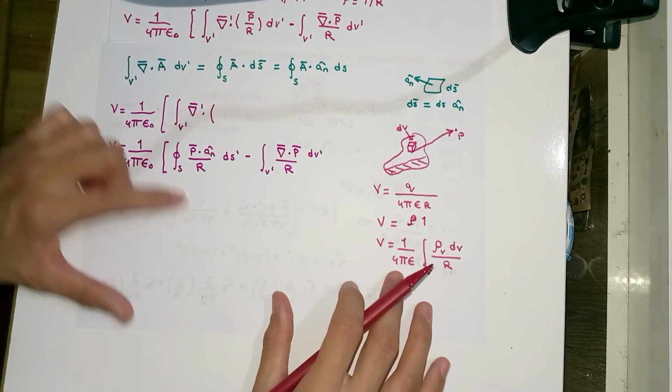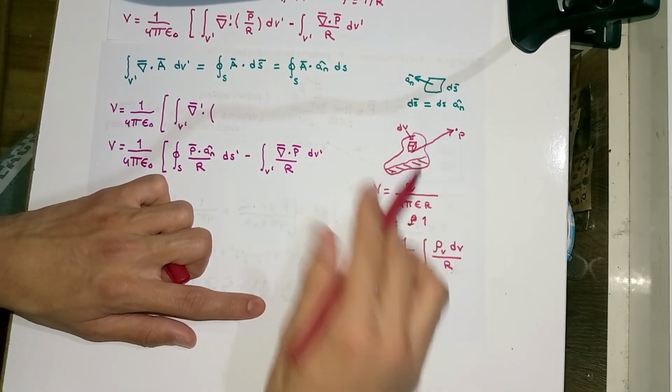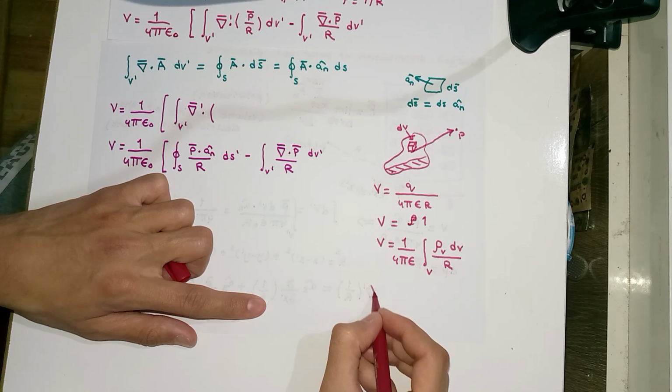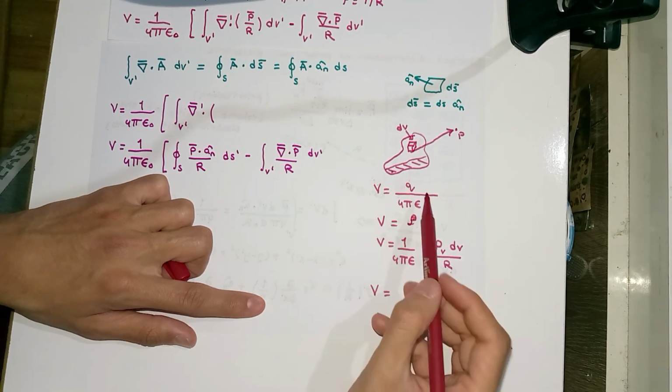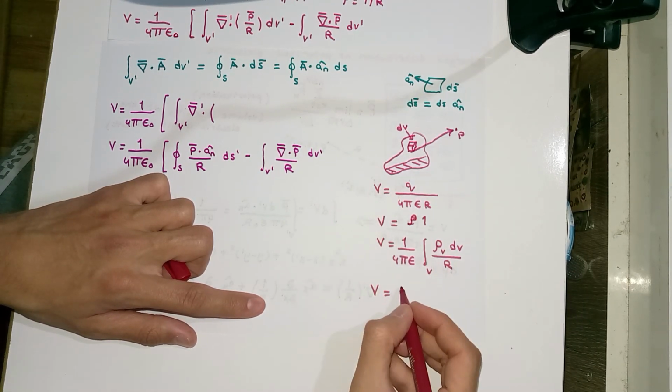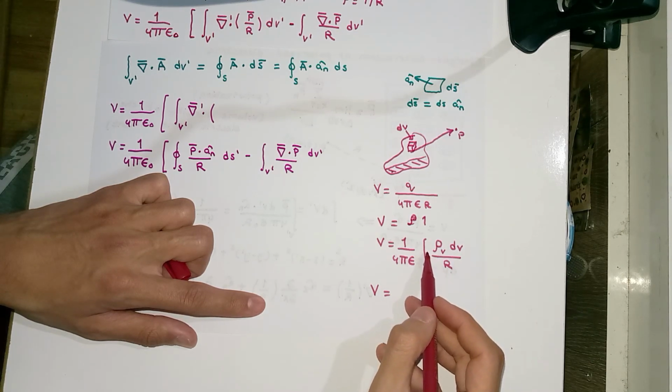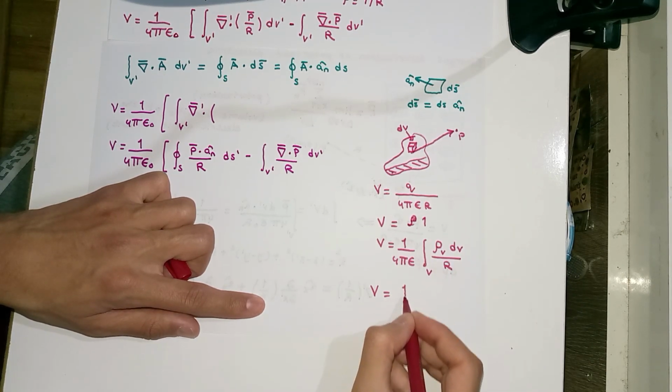We use this to find the potential due to a distribution of charges over a volume. To find the potential due to a distribution of charges over a surface, we are going to use the surface charge density instead of the volume charge density, and we will have this.